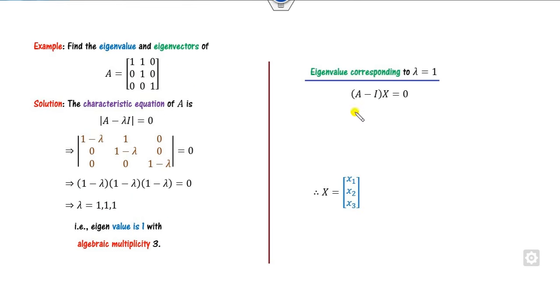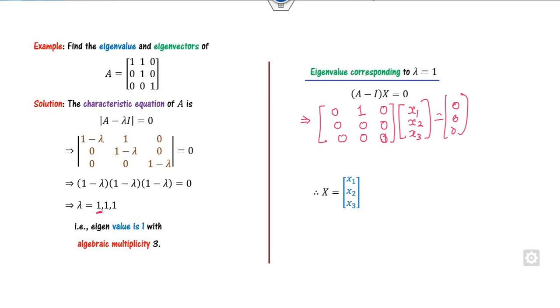Now we can find the eigenvector. Because there is only one eigenvalue, I can write lambda as 1 here and substitute this value. This is 1 minus 1, 0, 1, 0, 0, 0, 0, 0, 0, into x1, x2, x3 equal to 0, 0, 0. Now how can you solve that? This is already in row reduced echelon form.